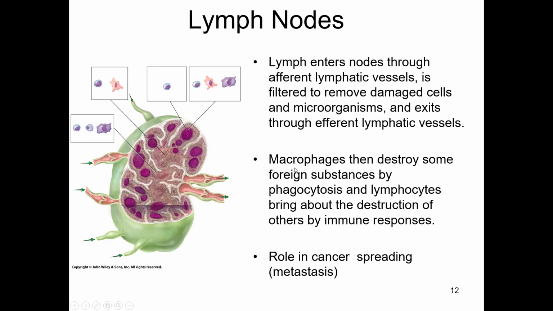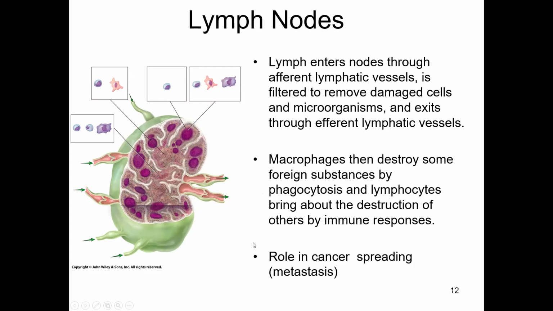But the macrophages, through this digestive action, will be alerting the lymphocytes if there's a foreign invader in the body. So macrophages paired with lymphocytes are very, very effective starting points to our immune response. We'll be detailing that in Monday's lecture.